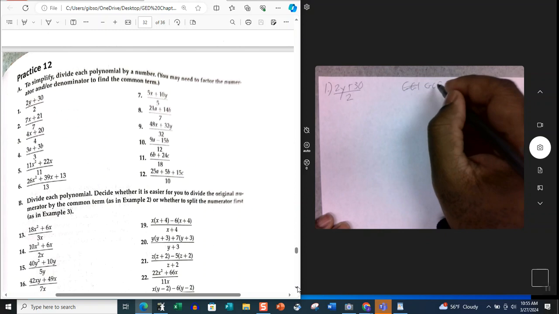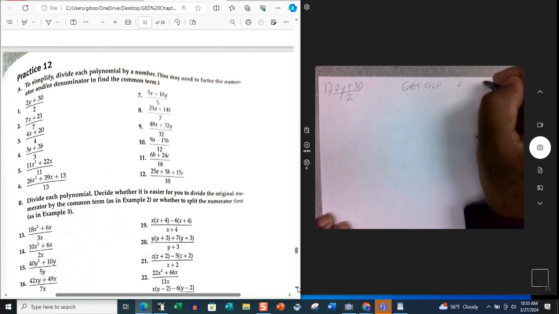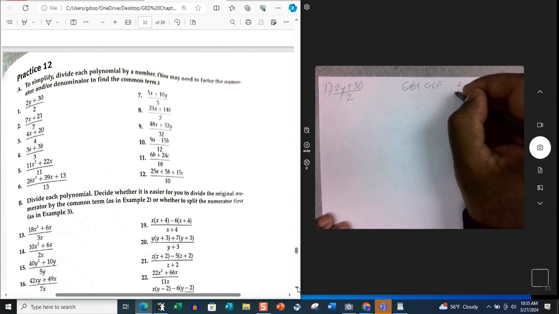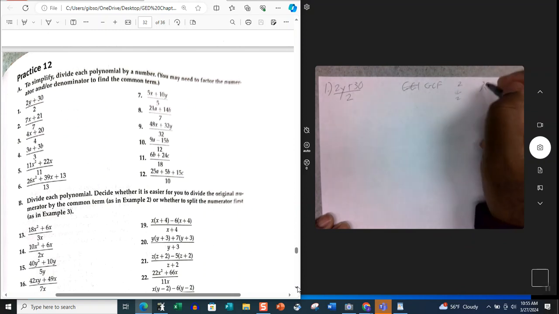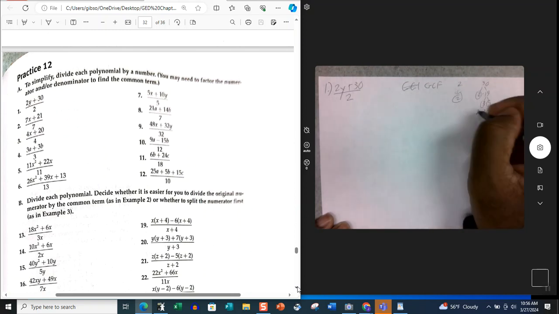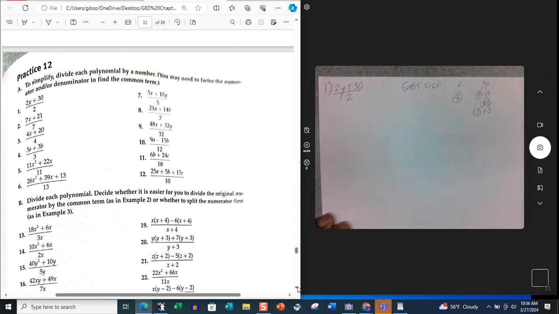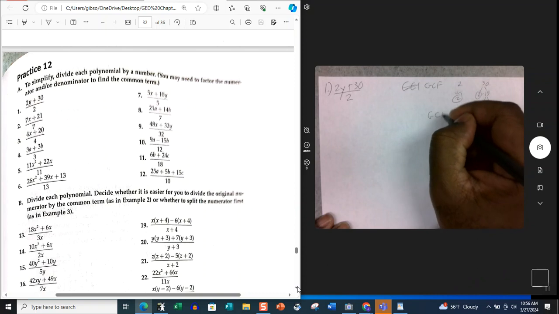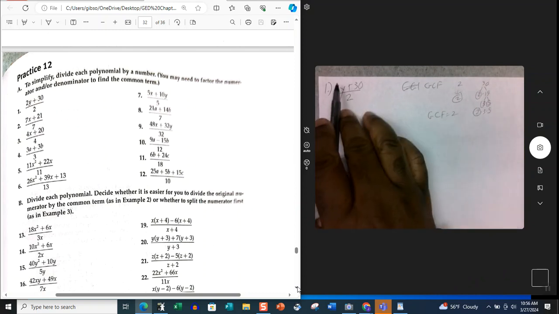So we had the greatest common factor of 2 and 30. So we know the greatest common factor of 2 is 2 because that's already prime. 30 can be broken down to 2 and 15, and then 3 and 5. So that'll be 2, 3, and 5. So the only factor they have in common here is 2. So the GCF is 2 here.